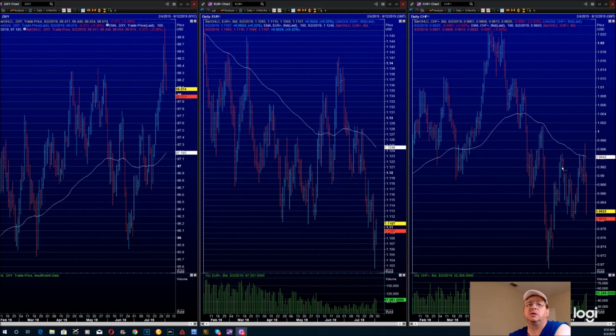So for me, I just look right now, looking at the third chart, on the daily chart, if this one is hitting the moving average, for me it's actually a resistance. I would consider this a short.